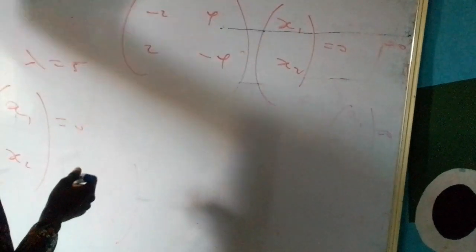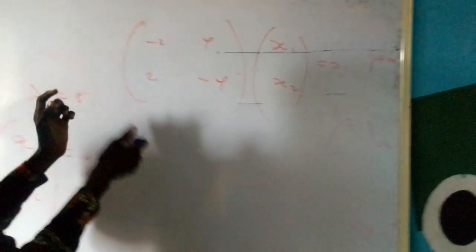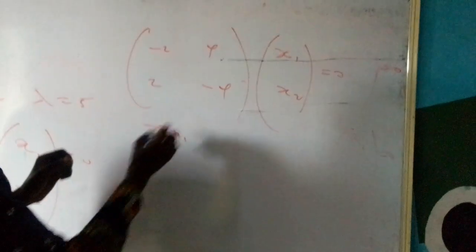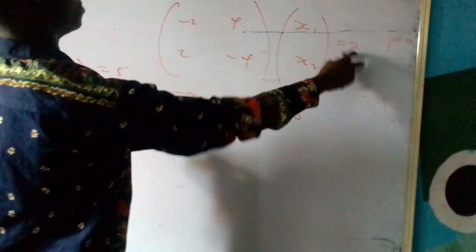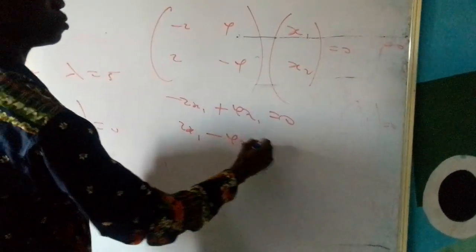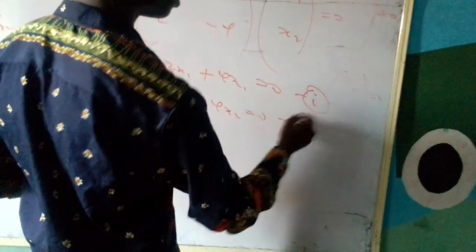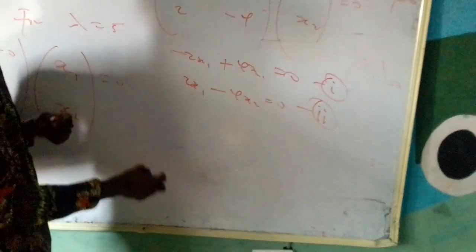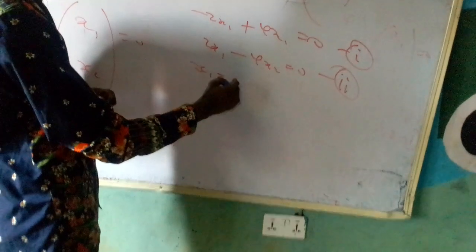Going back to the multiplication, the first row gives minus 2x1 plus 4x2 equals 0, and the second row gives 2x1 minus 4x2 equals 0. This is equation 1 and this is equation 2. In both cases, you can infer that x1 equals 2 times x2.